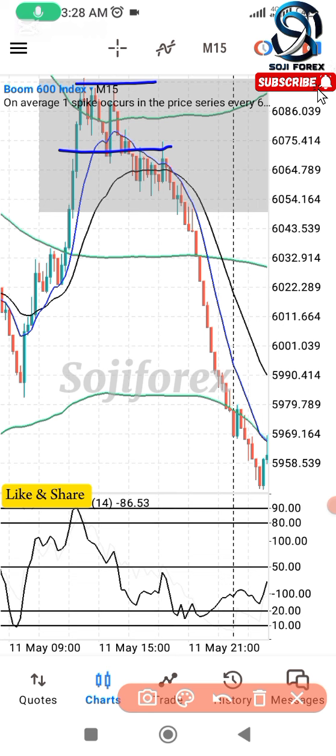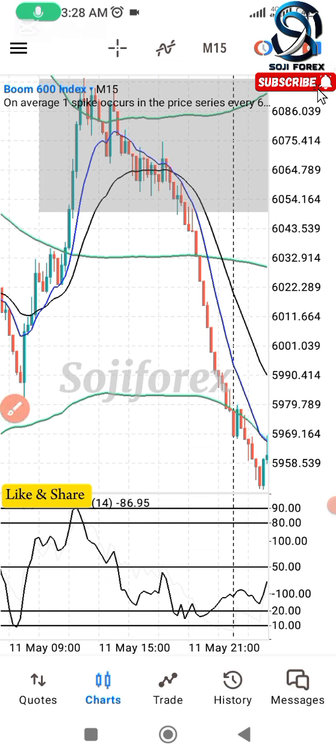And you can see how price was rejected from there and sold back. So you are trading it as a pullback and as a sell confirmation.